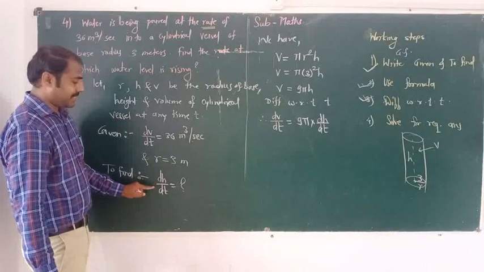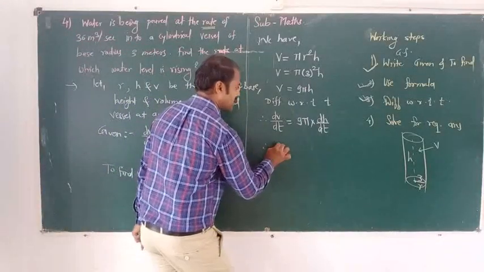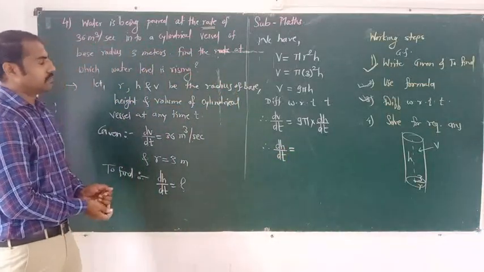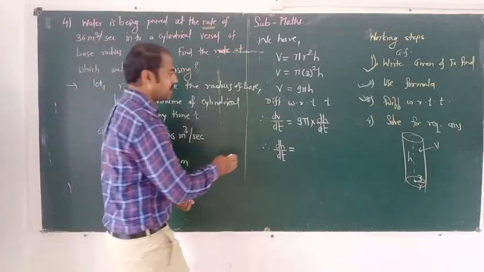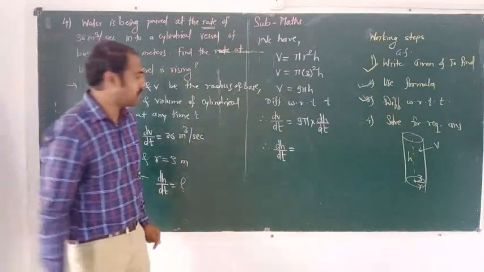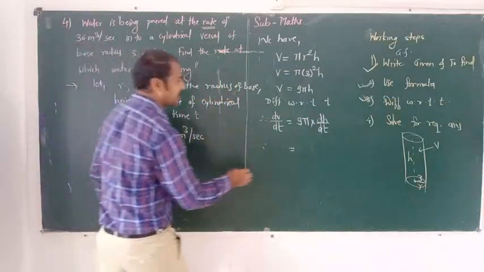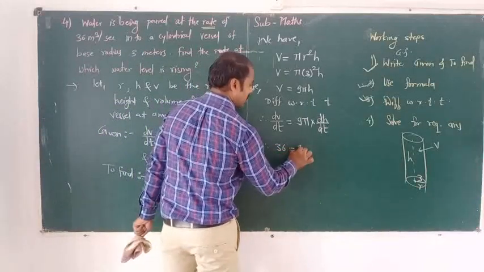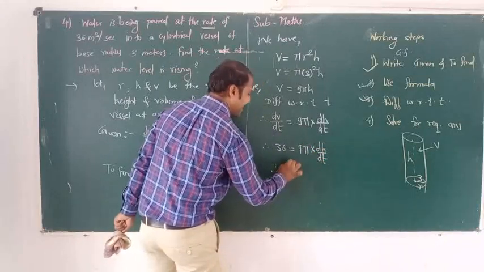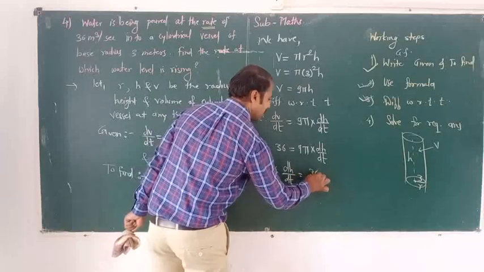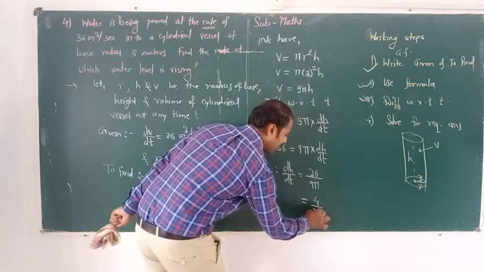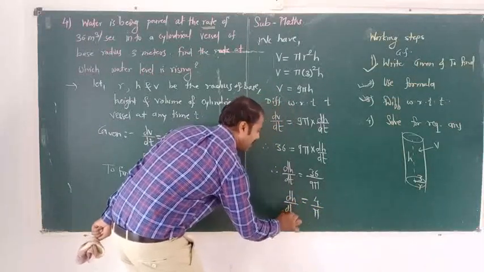But we have to find dh by dt, so I can solve this for dh by dt. dV by dt is given, it's 36, equal to 9 pi into dh by dt. Therefore, dh by dt is equal to 36 divided by 9 pi. 9 fours are 36, so 4 divided by pi is dh by dt.